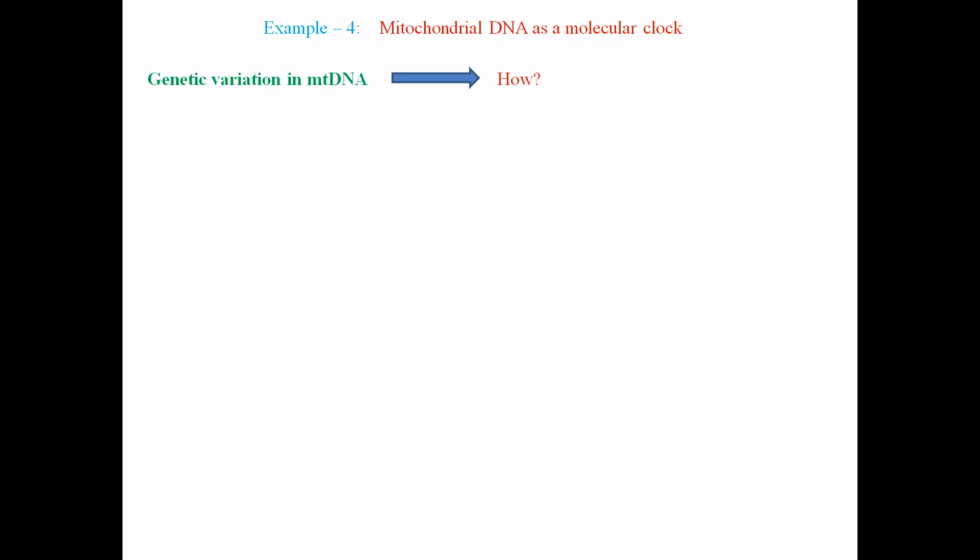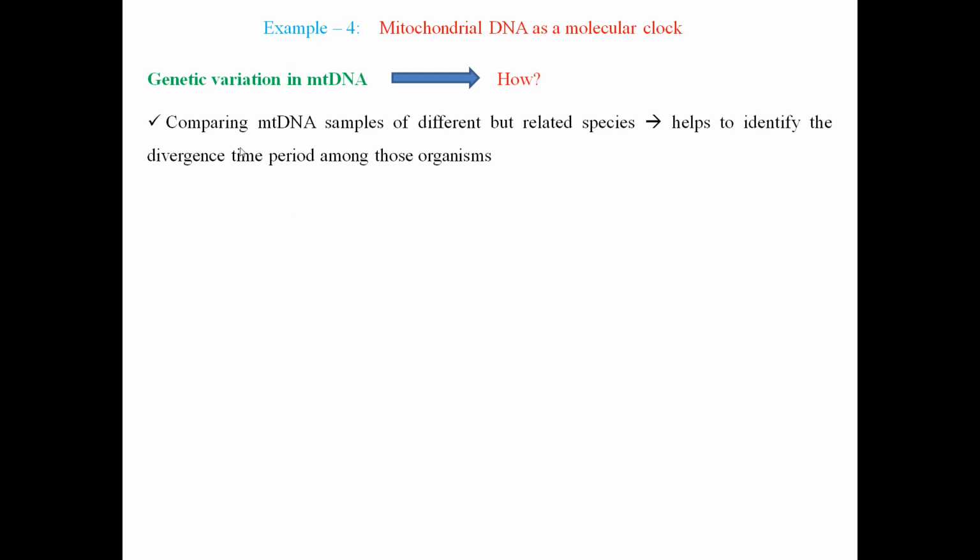Genetic variation in mitochondrial DNA: how is the genetic variation happening? Comparing mitochondrial DNA samples of different but related species helps to identify the divergence time among those organisms. So by comparing Indian mitochondrial DNA with African mitochondrial DNA, we can identify how many millions of years ago the native Indians diverged from Africa.